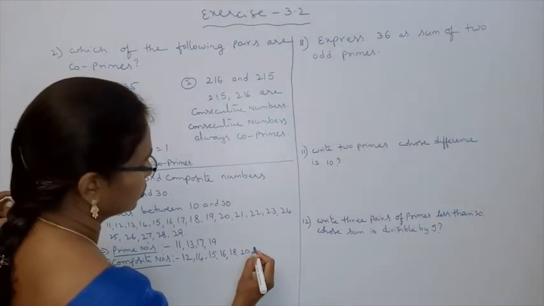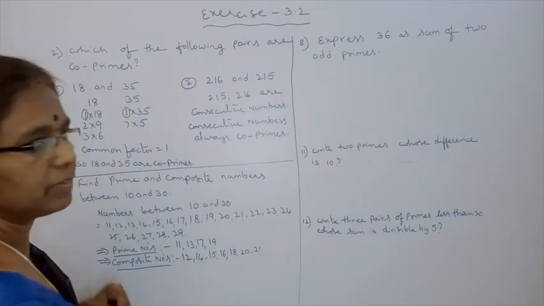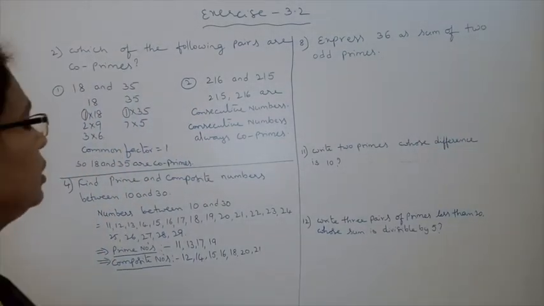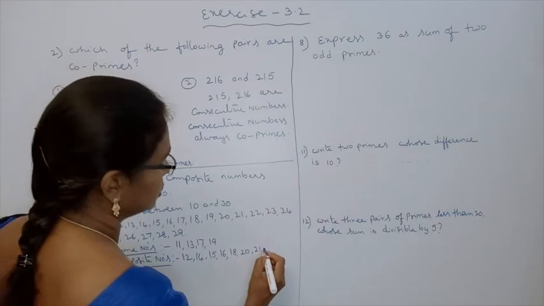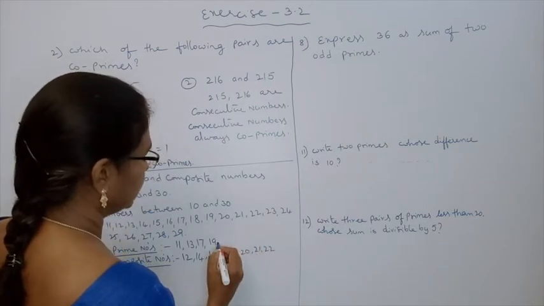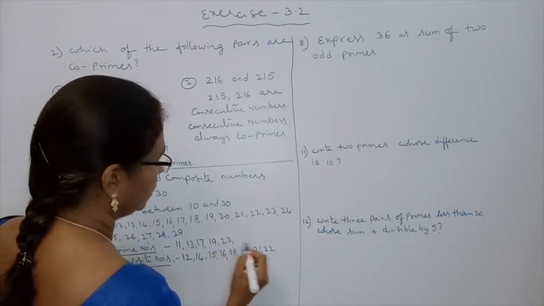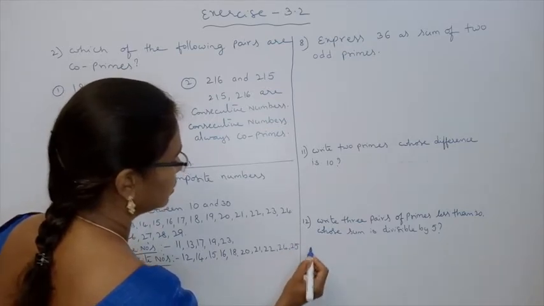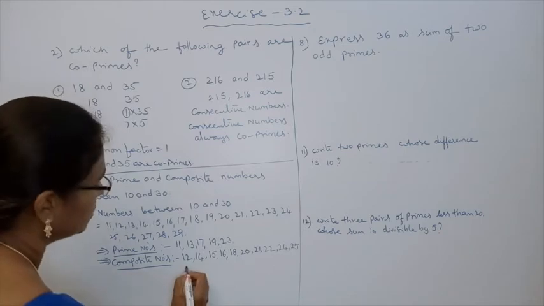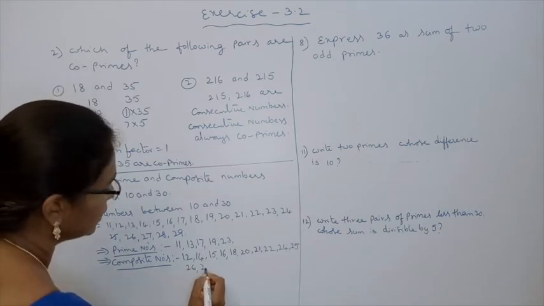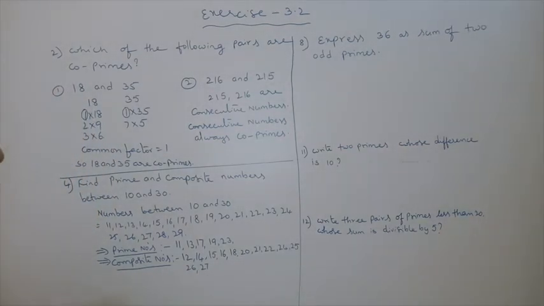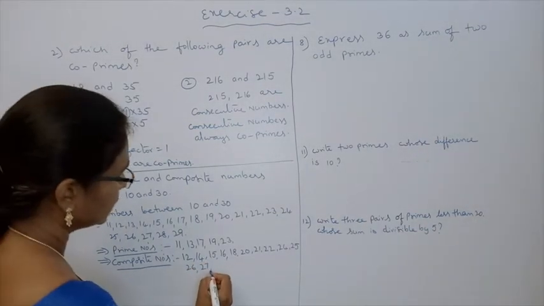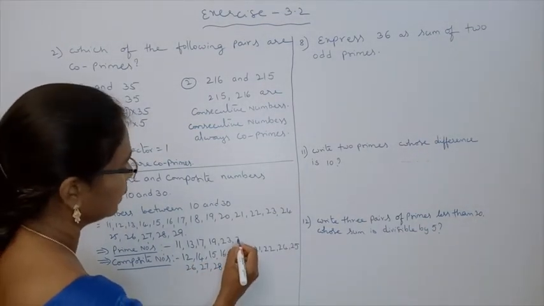Then 21 also: 3 sevens are 21, more than 2 factors, so composite. Next 22 also. 23 prime number. 24 composite. 25 composite. 26 composite. 27 also composite, 9 threes are 27. 28 composite. 29 prime number.